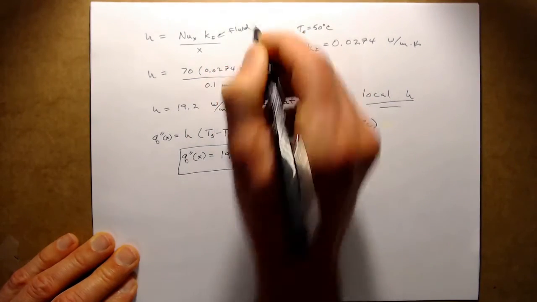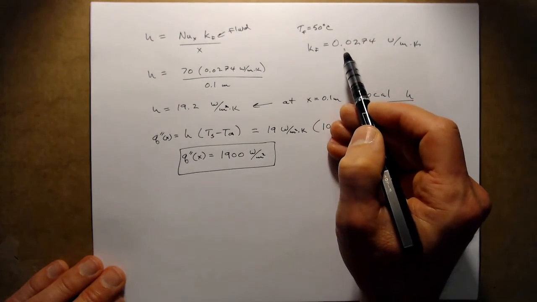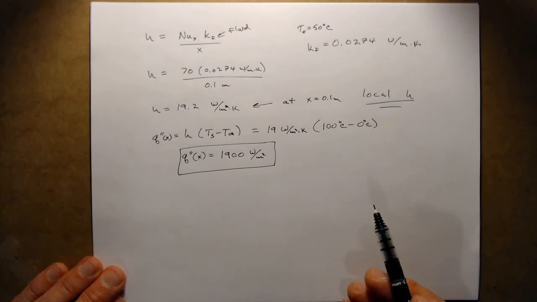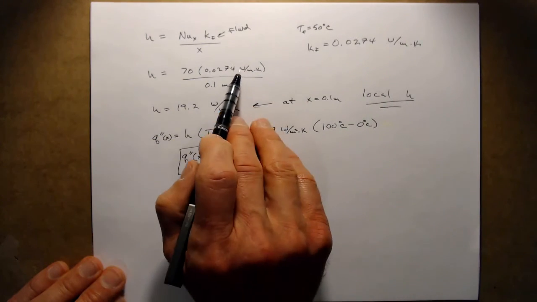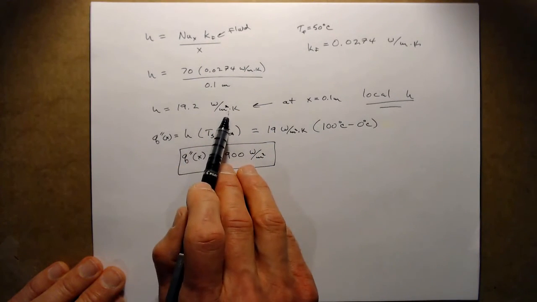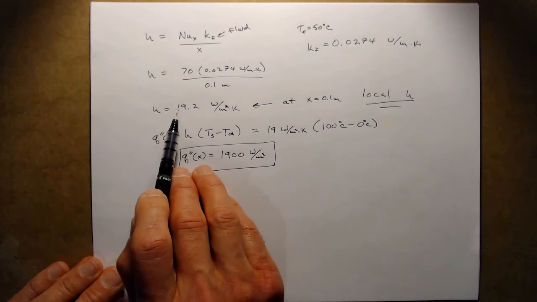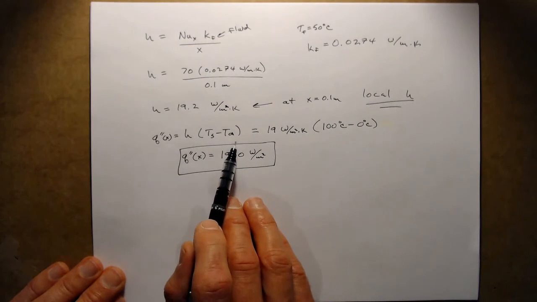Importantly, this is for the fluid, not for the surface. And we find that for air, it's about 0.027 watts per meter Kelvin. So we can plug in the Nusselt number we found, 70, the thermal conductivity, and divide by the length scale. And we're going to come up with a heat transfer coefficient of about 19 watts per meter squared per Kelvin.